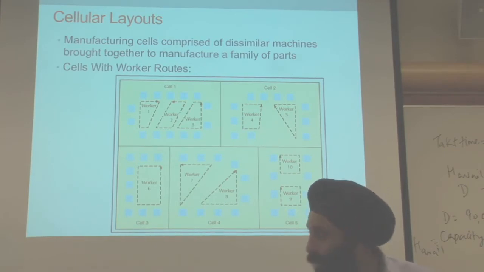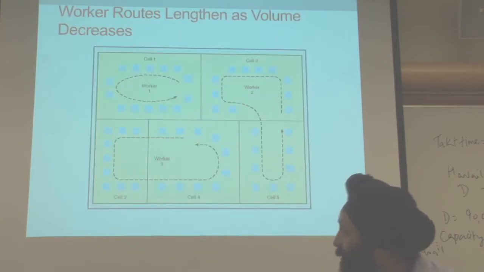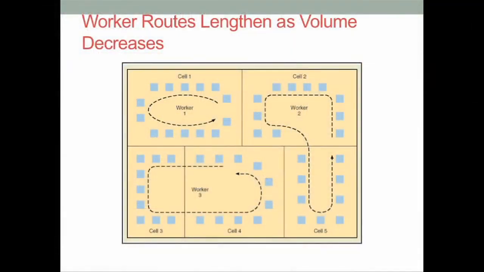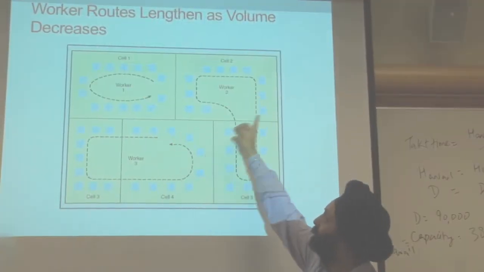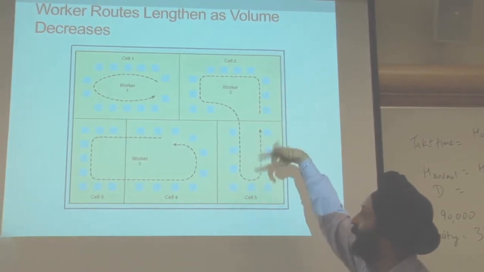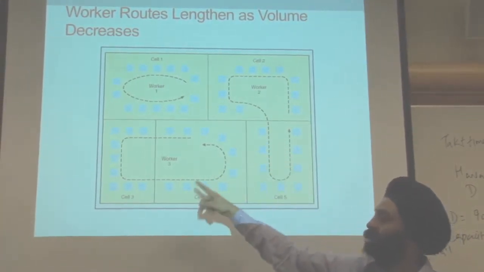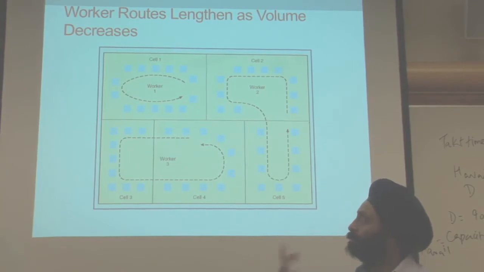It's the same number of machines, but now you have only 3 workers working on a variety of machines. The entire cell 1 is handled by 1 worker, cell 2 and cell 5 are handled by worker 2, and cell 3 and 4 are handled by worker 3 altogether.